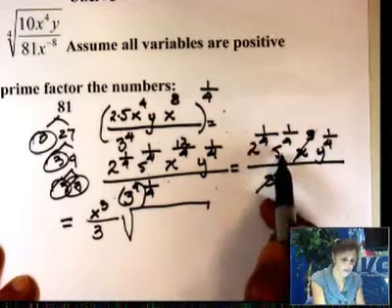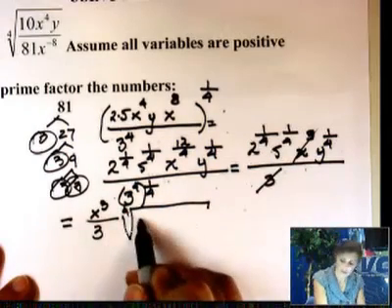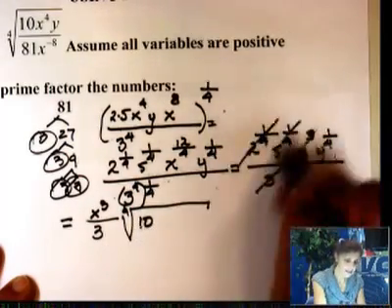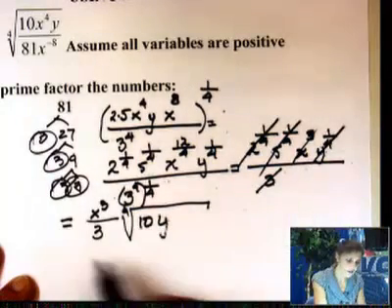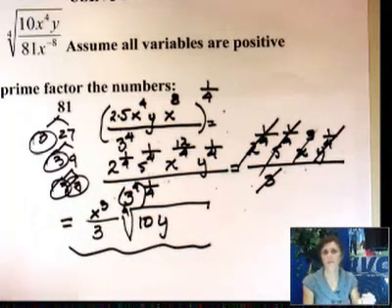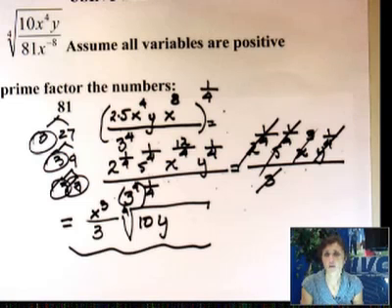You're going to have 2 and 5, so that's 10. This takes care of that, and then you have a y. You see, it is the same answer. So, regardless of if you're using the radical method or the exponent method, you can do the simplification and get the same answer if you're careful.